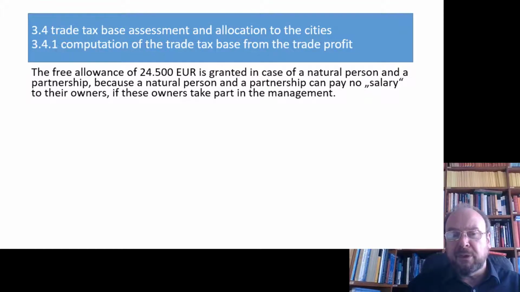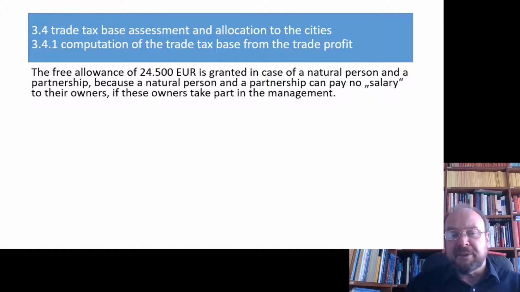Because if the owner works for the own enterprise, you can have no salary or wage payment. So the profit of a sole tradership would always be higher than that of a competitor. And so a sole trader would always pay more trade tax in comparison to a GmbH. To give a compensation for that, originally we introduced that free allowance.